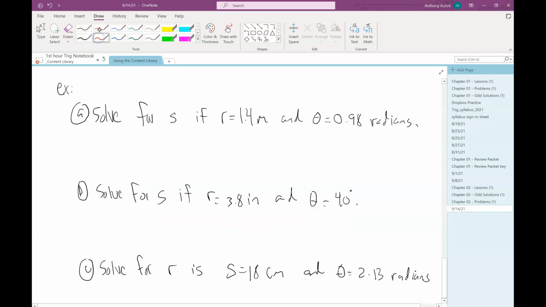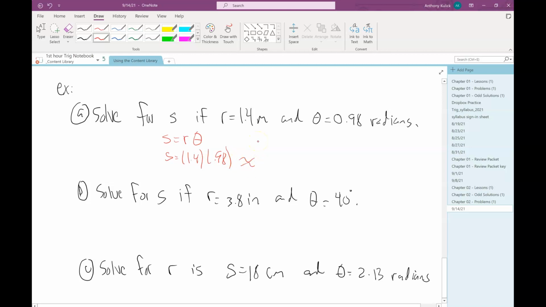Okay, so let's do a couple of examples here. The first example says solve for s if r is 1.4 meters and theta is 0.98 radians. Since theta is in radians, I'm going to use the radian version of my arc length formula. s equals r theta. In this case, r is 1.4 and theta is 0.98.